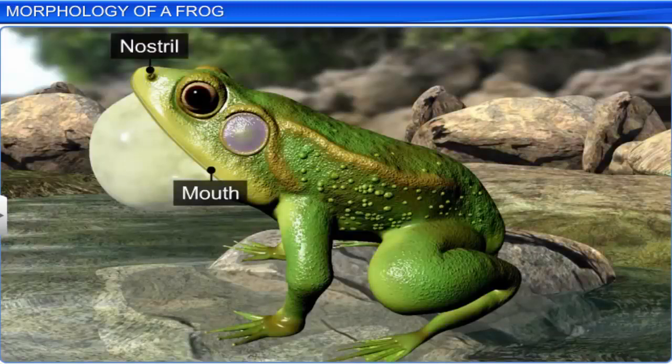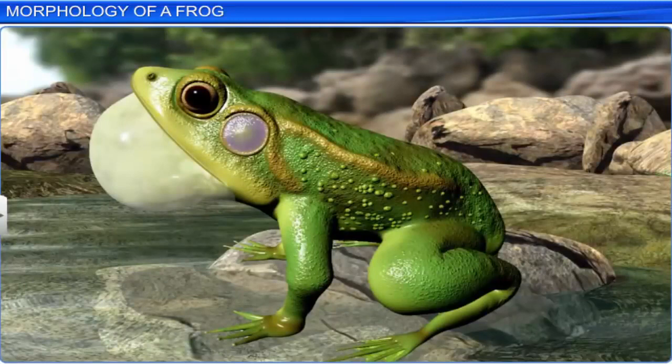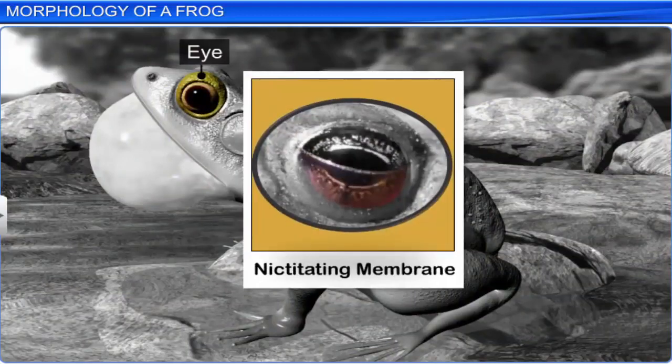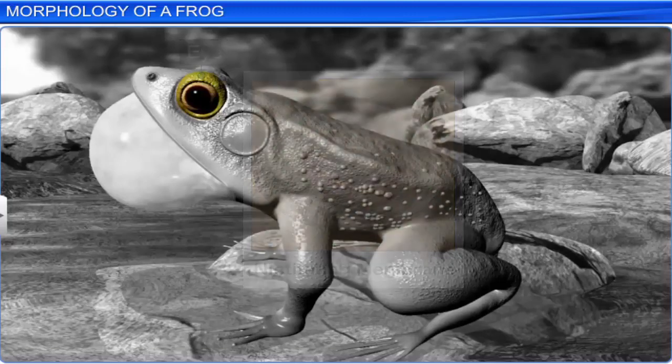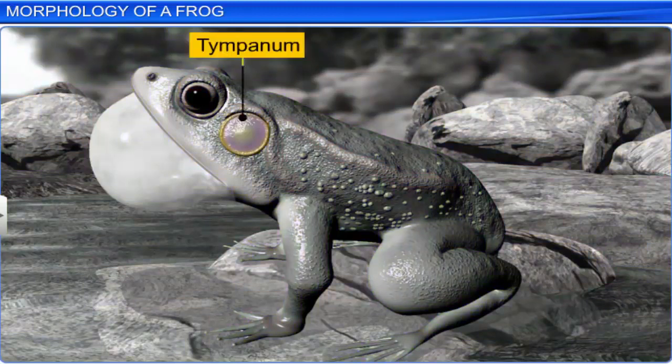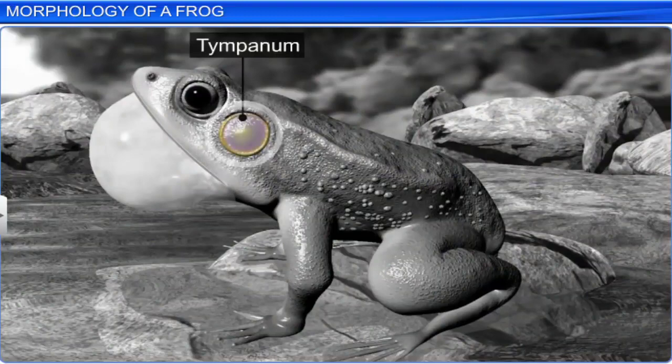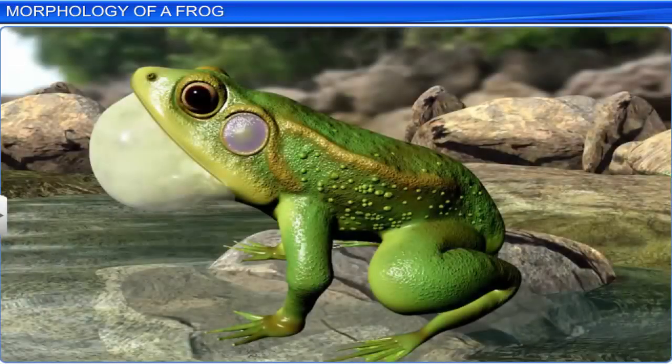A little behind the nostrils is a pair of large, bulging eyes covered by a transparent, nictitating membrane which protects the eyes while in water. Behind the eyes is a pair of membranous tympanum, which receives sound signals. The head is attached to the trunk, which is a broad structure that usually shows a hump in the sitting posture.